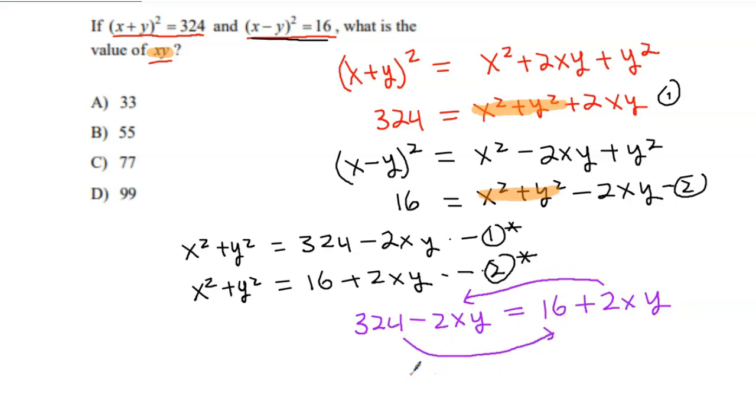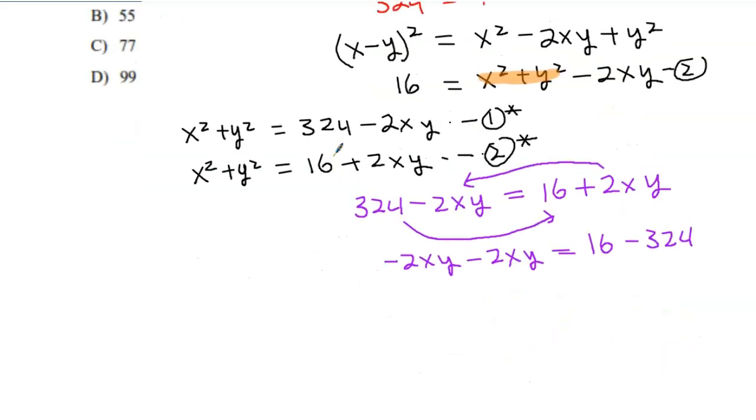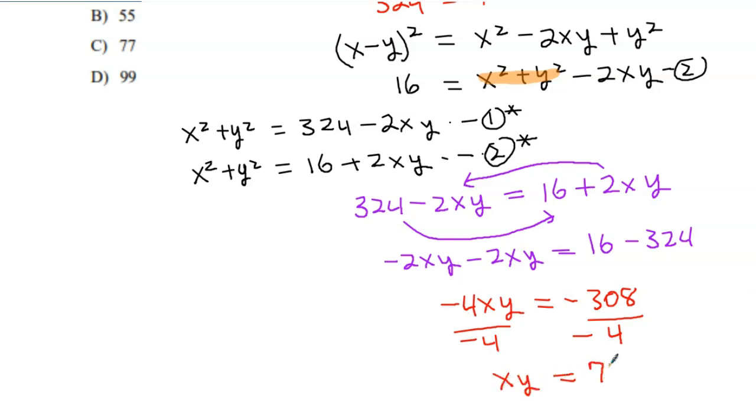So when this one comes here, it's going to be 2xy minus another 2xy equals 16 minus 324. Okay, from here we have negative 4xy equals negative 308. Divide both sides by negative 4 so that you can get what you're looking for. And then xy is equal to 77. And that gives you the answer.